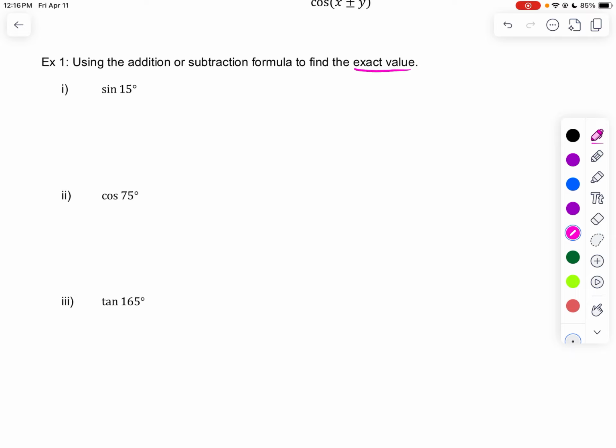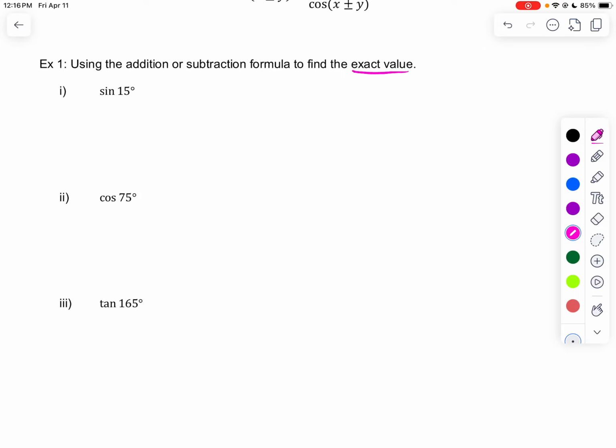By the way, before we start, remember that you should know the value of sine and cosine for these angles: 0, 30 degrees, 45 degrees, 60 degrees, 90 degrees, 120 degrees, 150 degrees, 150 plus 30 is 180 degrees, and so on.